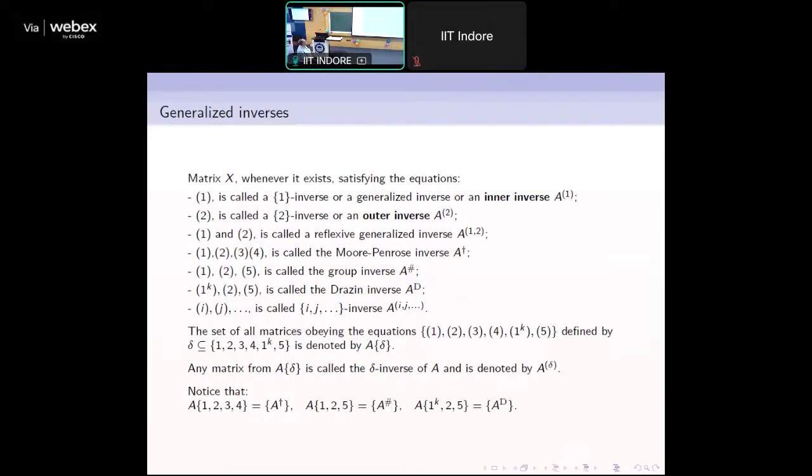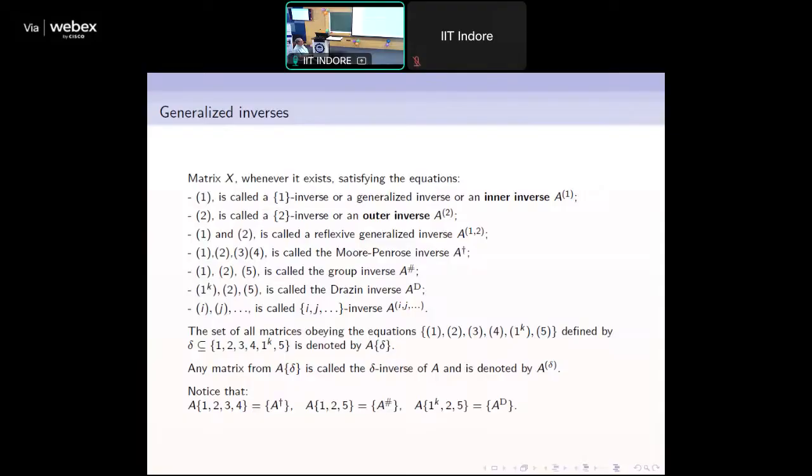If we consider solutions of only matrix equation 1, such G inverses are called one inverses or inner inverses. One individual inner inverse is denoted in this way. If we consider only equation 2, we will consider the class of two inverses.